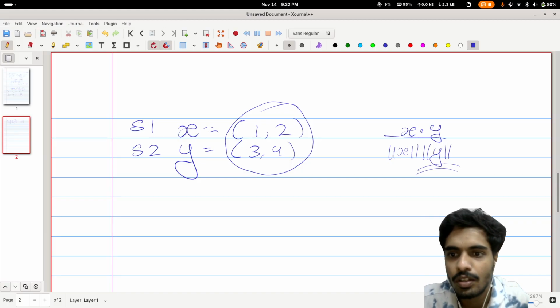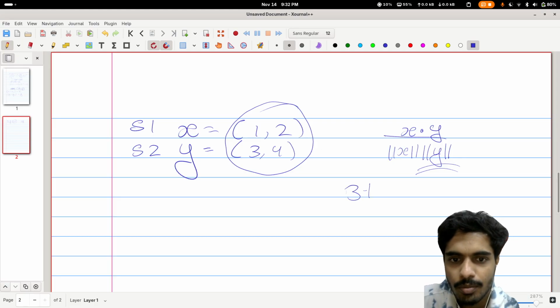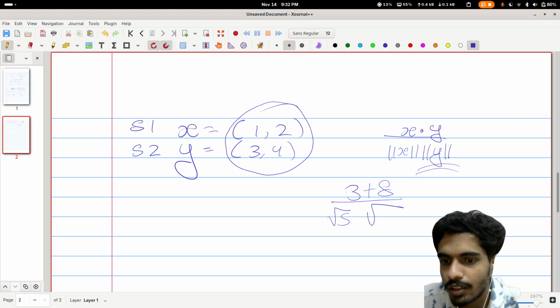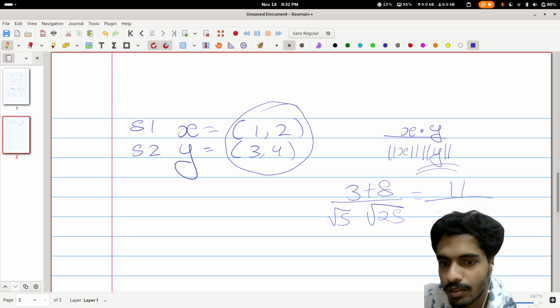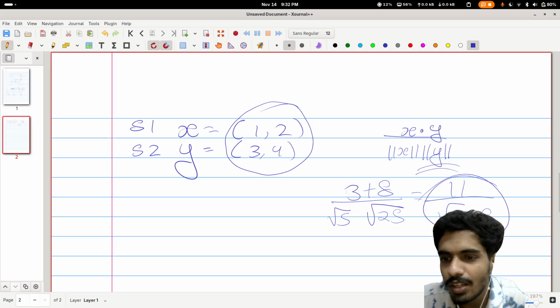Here x dot y is 1 times 3 plus 2 times 4, which is 8, and it will be root of 5 and root of 25, since 3 squared plus 4 squared is 25. So 8 over root 5 times 5. Basically, this is the value.